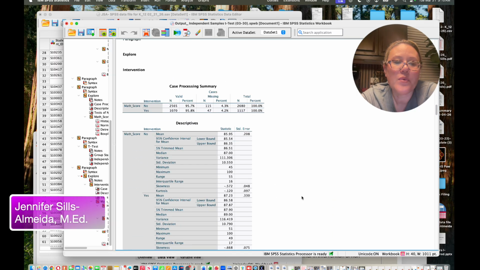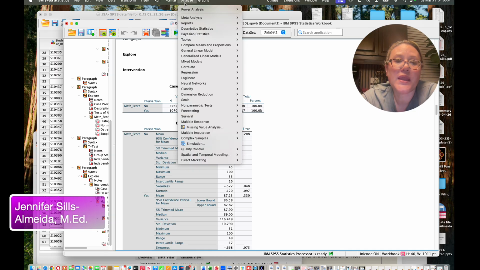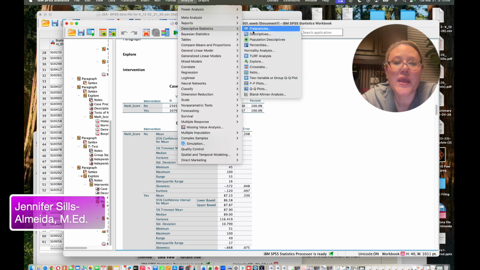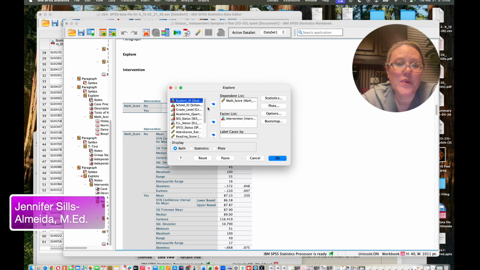So now when we're looking at the means and we are trying to run analysis on that transformed variable, we can go to Analyze, then Descriptive Statistics, and Explore again.